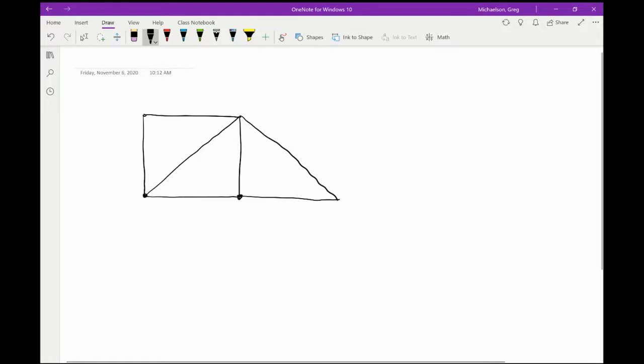Okay, so here's the truss. Let me add some data to this. So we know that this is 25 kips. We know that this is 25 kips. And we know that this is a hinge or pin support. This is a roller.